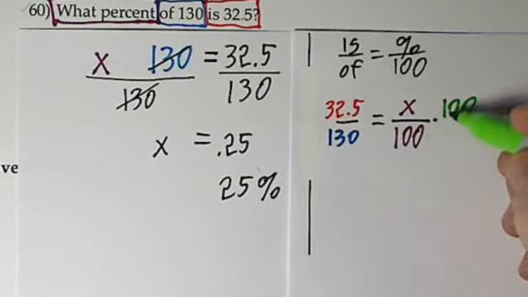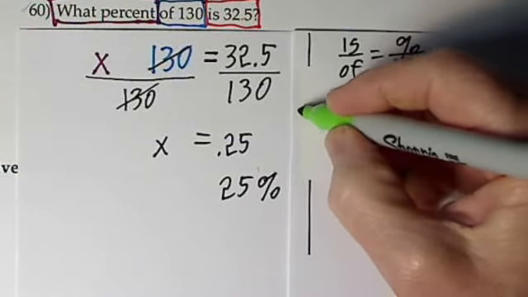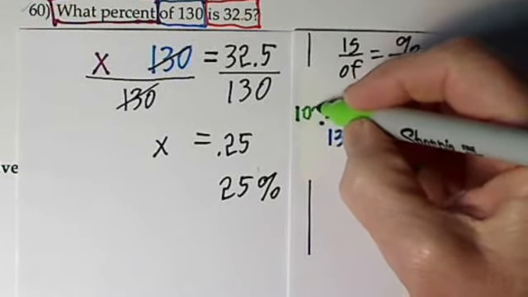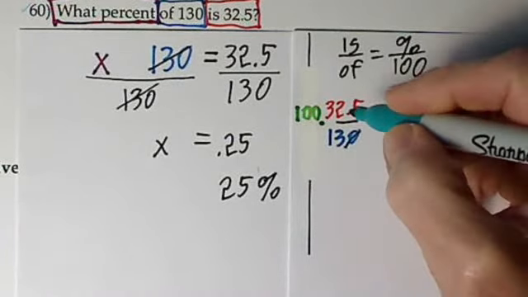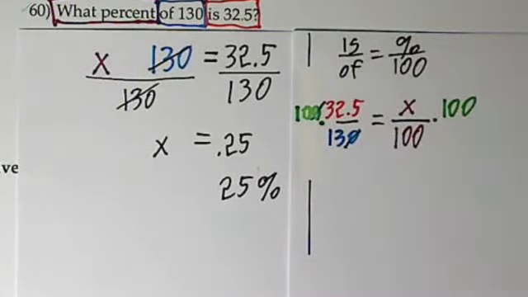So if I multiply one side by 100, I have to come over here and multiply the other side by 100. And then notice how quickly this can clean up. I'll divide by 10 and divide by 10.